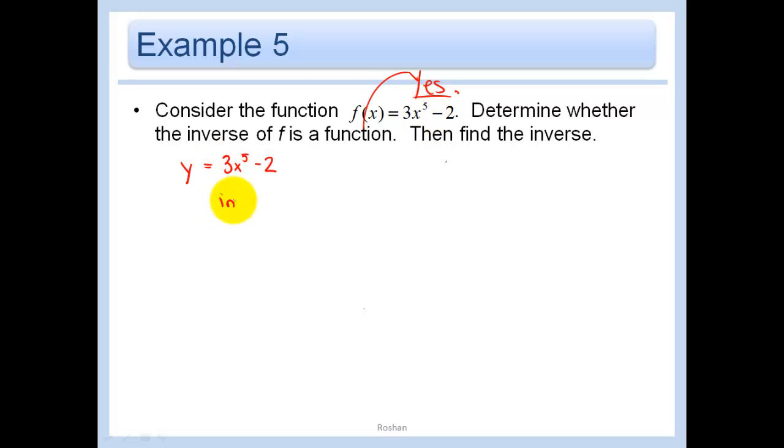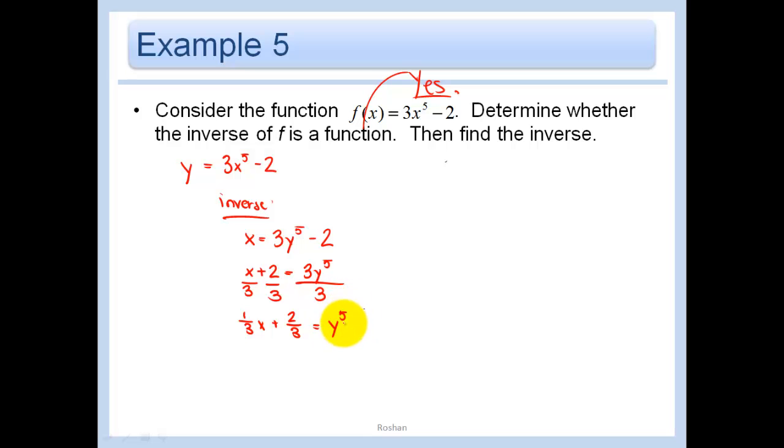So in order to find the inverse, swap the x's and y's. So add 2 to both sides. Now I've got to divide everything by 3. Remember, you need to isolate the thing to the power before you go taking roots. So we have 1/3 x plus 2/3 equals y to the 5th.